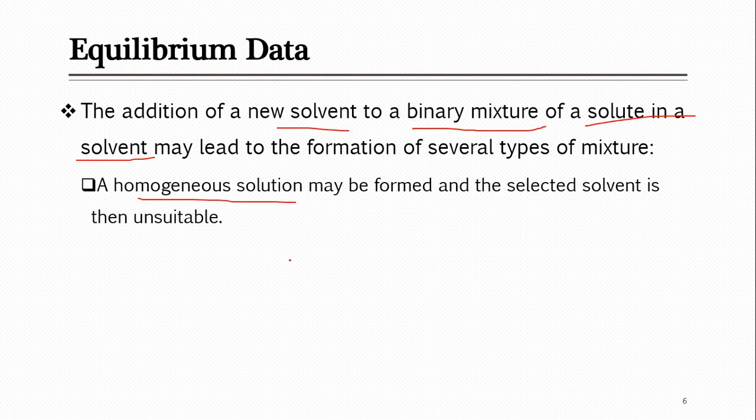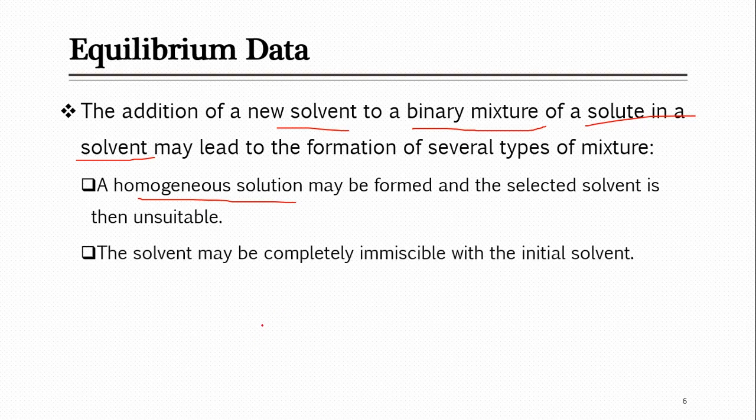A homogeneous solution has similar composition throughout. So in the vessel, at each and every part, all 3 components will be available, and in equal amounts. In this case you are definitely not going to get these components separated. So this is one case which can occur.